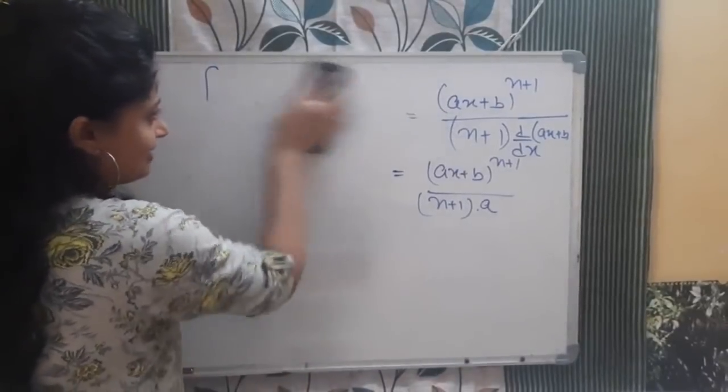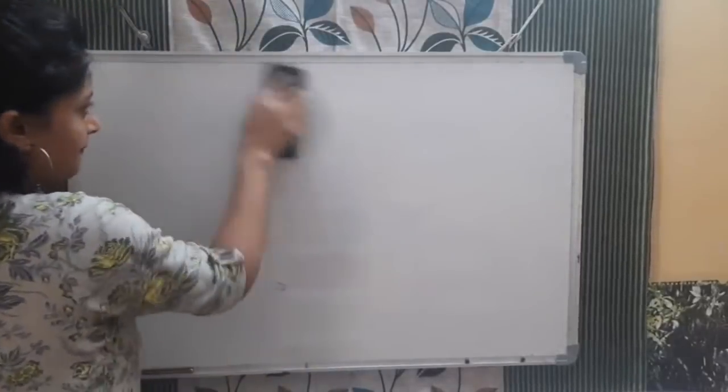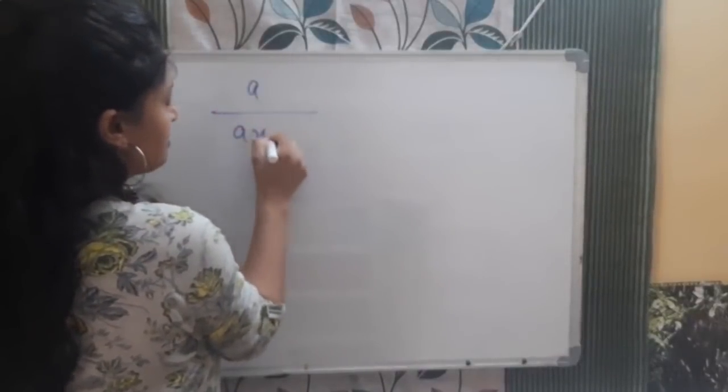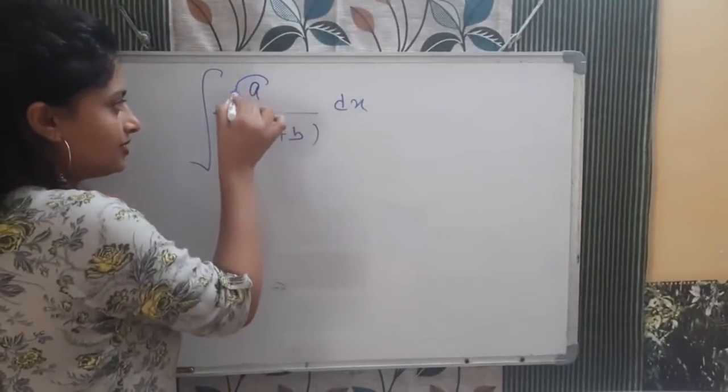Now the next is, see, if we will do something like this, a divided by ax plus b, इस तरीके से करते हैं, इसको integration करना है, ठीक है. तो कैसे करोगे? See, पहले तो इसको देखो बच्चा, ये क्या है?